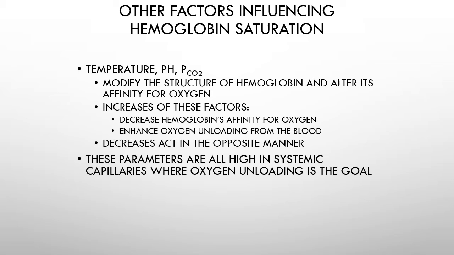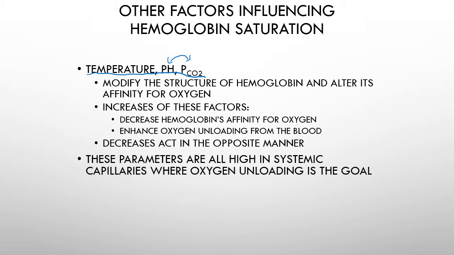But some things do influence how quickly those oxygen molecules are going to come off of the hemoglobin. Things like temperature, pH, and the amount of CO2 that's in the area. And truly, pH and CO2 are going to go hand in hand with one another as well. As we change those levels, that's going to lead to a change in the tissue demand for oxygen as well.